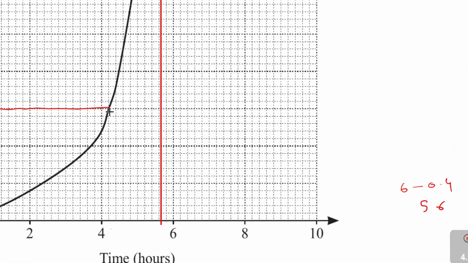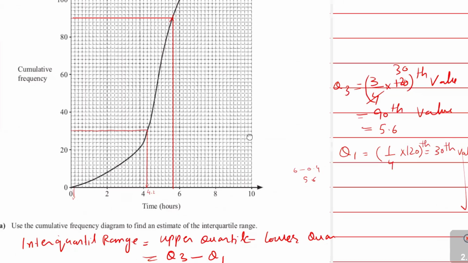This horizontal line intersects the graph at this position, and we will draw the vertical line from this intersecting position towards the time axis, and this will be 4.2, the 30th value.